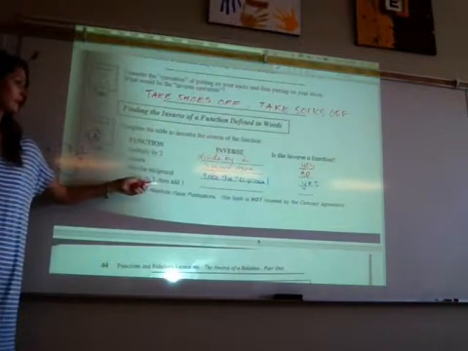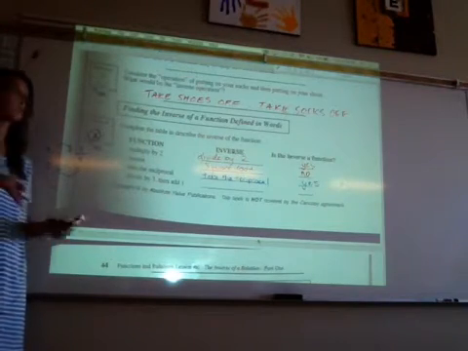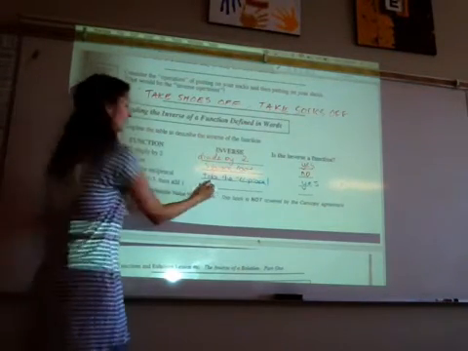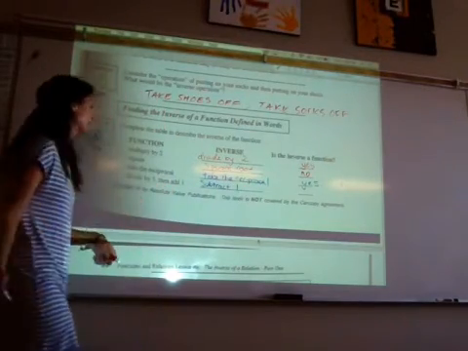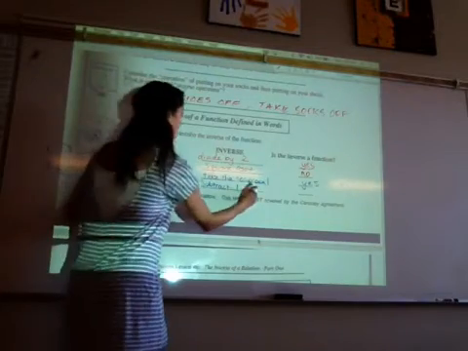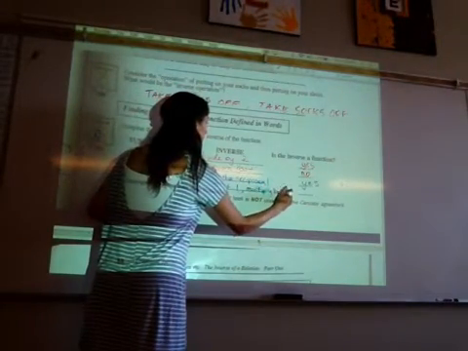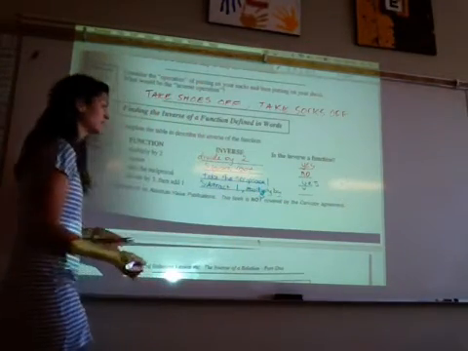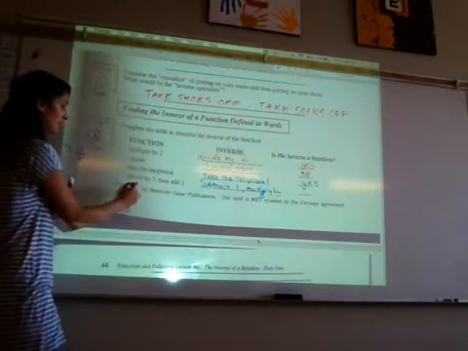Alright, we're dividing by 3, then adding 1. We need to take the inverse, so we're undoing that action, which means we're going to subtract 1 first, and then we're going to multiply by 3. Good. So if we think about that, let's just write this out. Say we started with x.